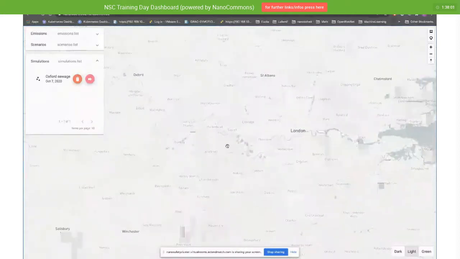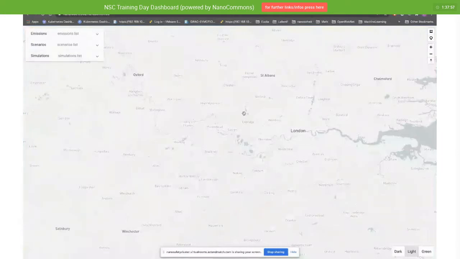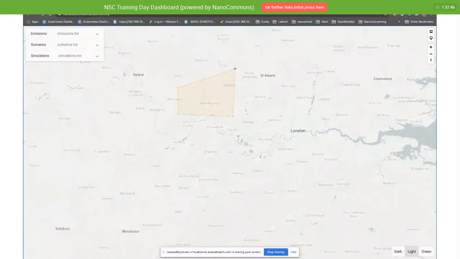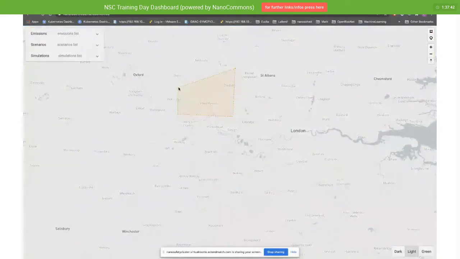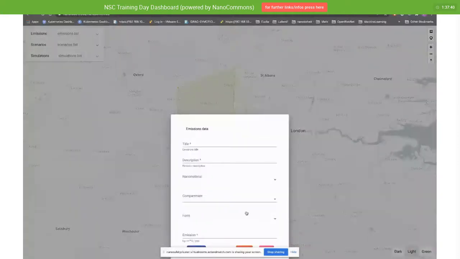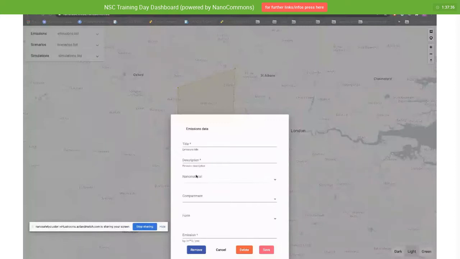The first thing is for someone to add emissions upon the map, as Sam mentioned earlier. So one can add an aerial emission by creating a polygon where the emission is happening. And when the polygon is closed, the data of the emission are entered.